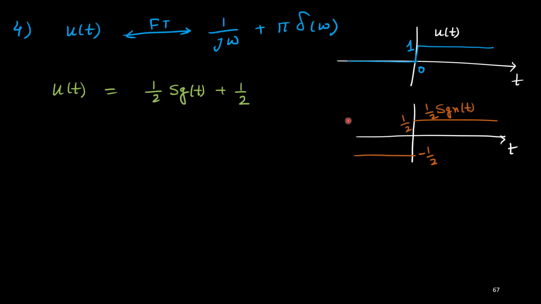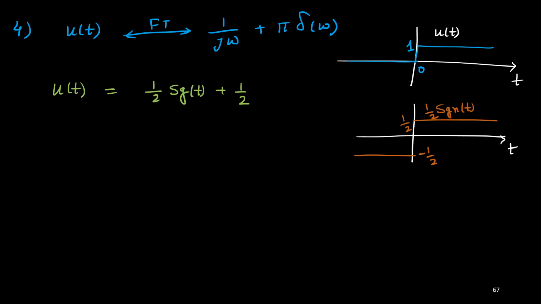Now if I add half, the left side is minus half plus half, it will become 0. And the right side plus half and again plus half will make plus 1. So the left side is 0 and the right side is plus 1. This is nothing but u(t). That is actually the combination of these two: half of signum t plus half.